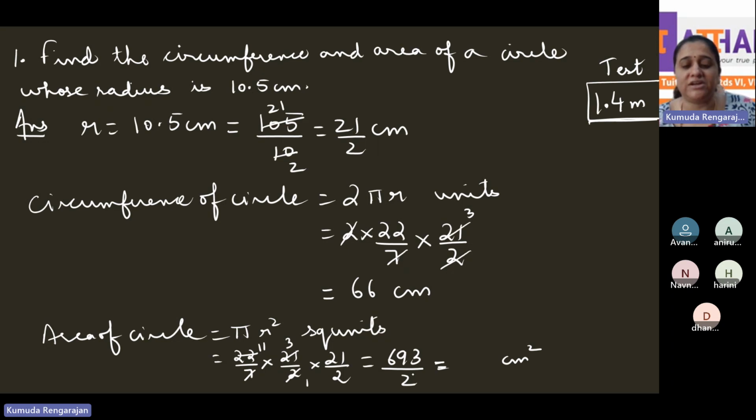Did you find that? No, ma'am. Okay, no problem. Who's found the value of 693 by 2? Ma'am, I found: 346.5. Okay, very good. You should leave it as a decimal like this. 693 by 2 is 346.5 centimeters square. Very good, boys.